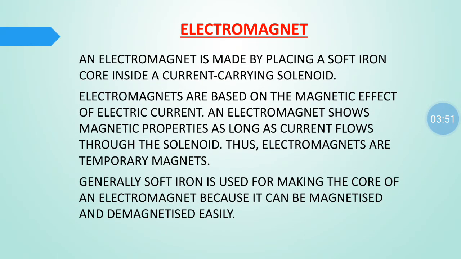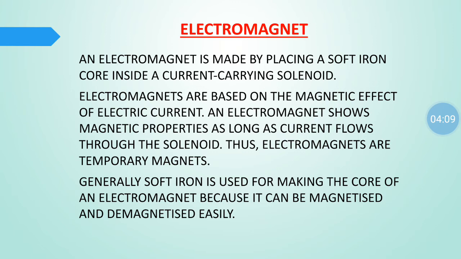Now next topic is electromagnet. An electromagnet can be made if a soft iron core is placed inside a current carrying solenoid. It is based on the magnetic effect of electric current.